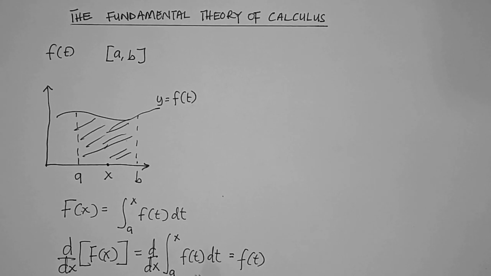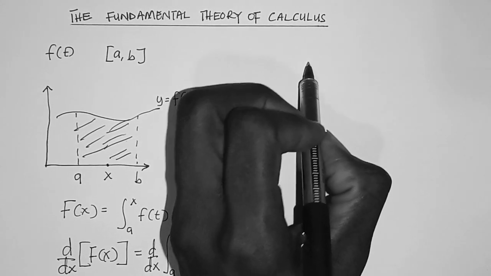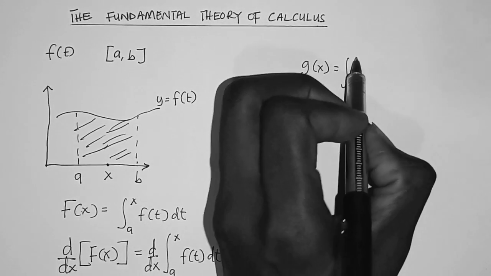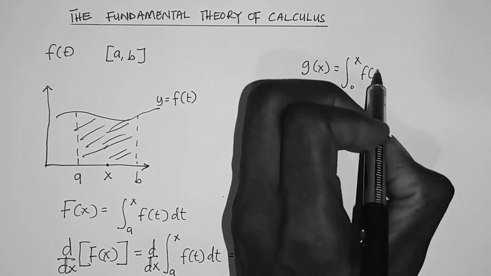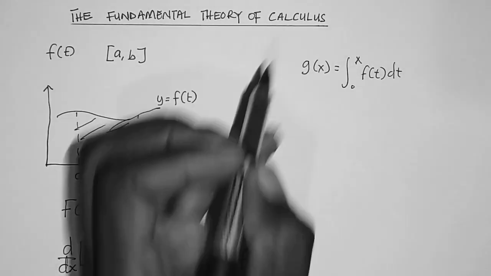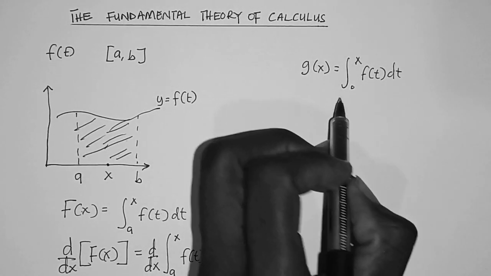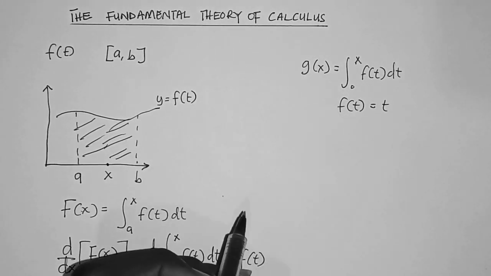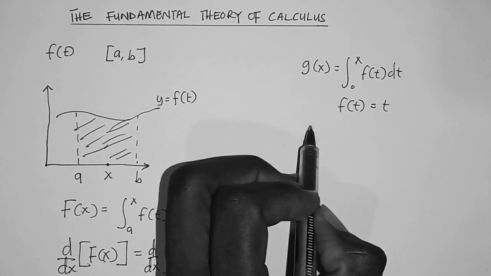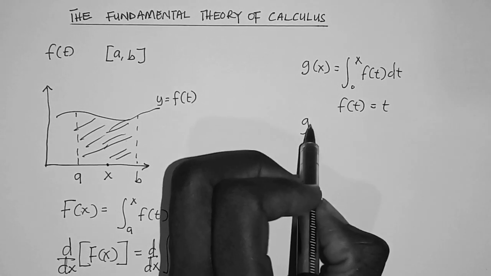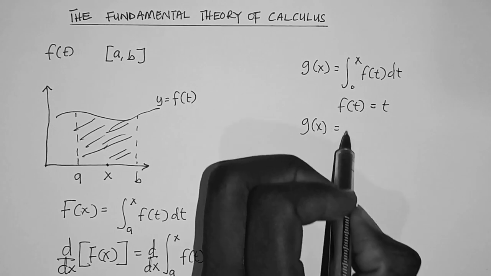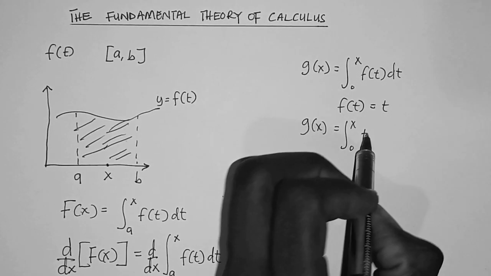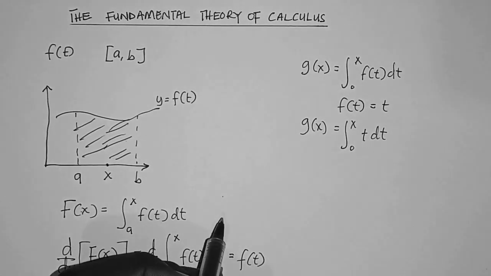So for example, let's assume that g of x is equal to the integral from 0 to x of f of t dt, and then let's assume that f of t is equal to t. Then it implies that g of x is equal to the integral from 0 to x of t dt.